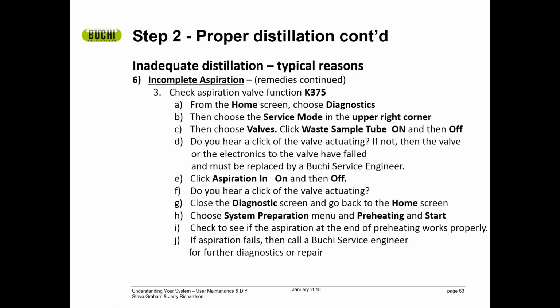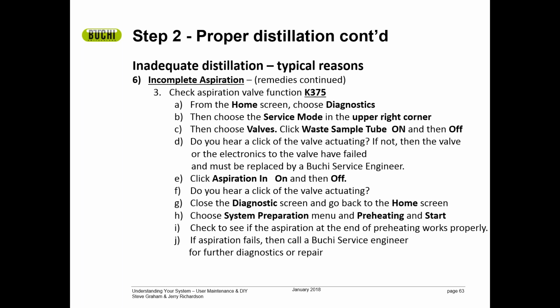Okay, so on the K375, we're just going to go through a little exercise real quick. If you're having problems with aspiration, this slide shows a depiction of how to go through and use the diagnostics on the software to diagnose problems with the aspiration.